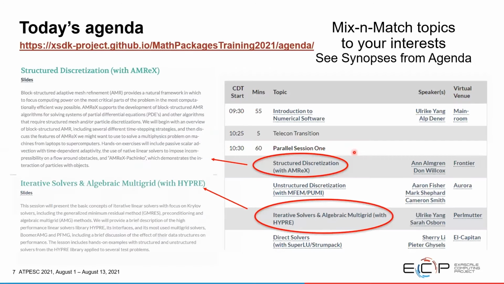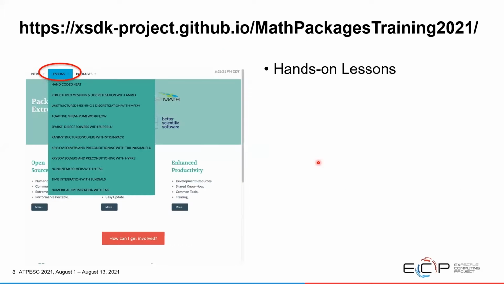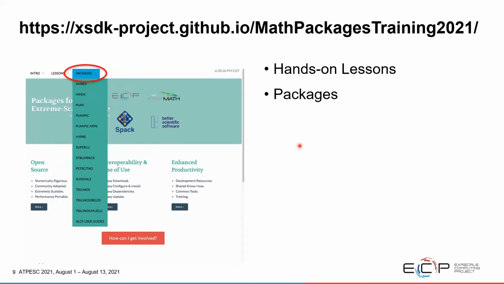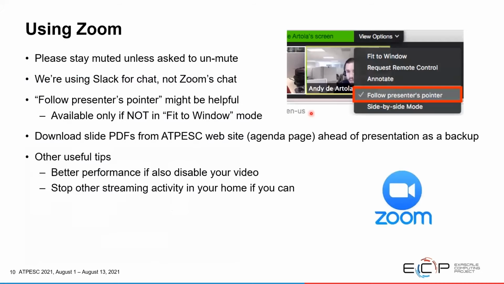If you want to take a look at today's agenda and find out a little bit more about the individual topics, you can click on these links, and it will get you to some little synopsis where you can get more information. Then, of course, here are the hands-on lessons under the lessons tab, where you can get to the different hands-on lessons for the different codes. And if you want a small overview of the packages, you can find them here. These are the packages we talk about today.